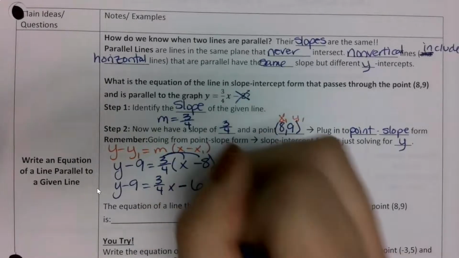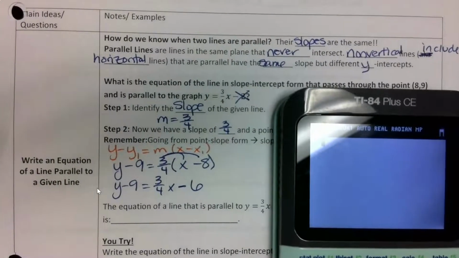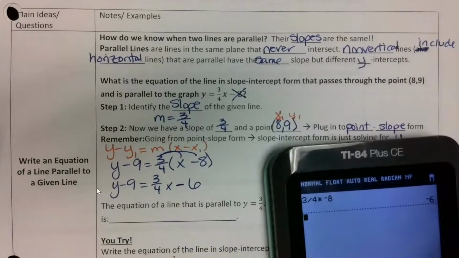Negative 6. So to do that on the calculator, in case you forgot, I would do 3 divided by 4 and then times negative 8, which gives me negative 6.